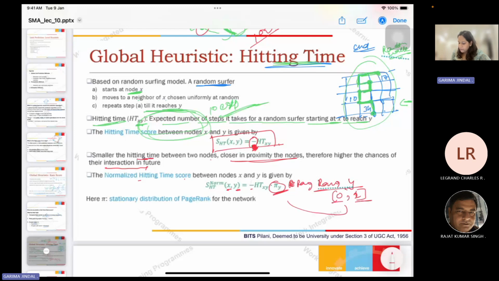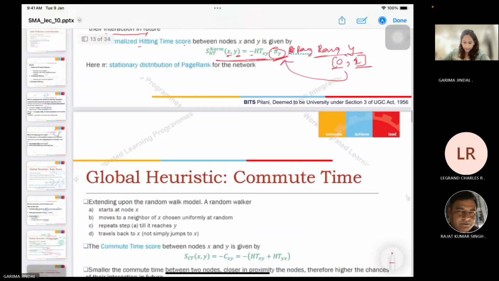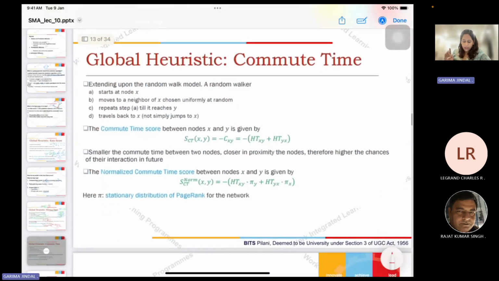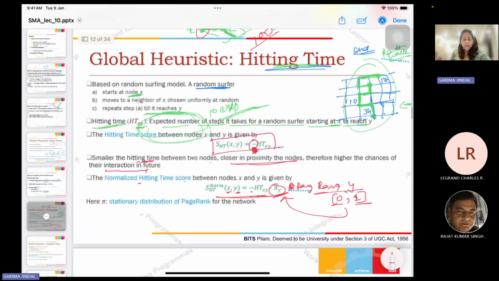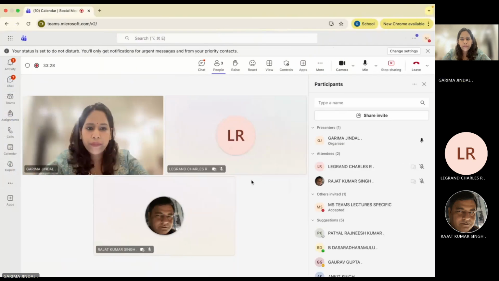So we will multiply that value here and the value will be normalized. I hope this algorithm is clear to everyone. Hitting time algorithm.